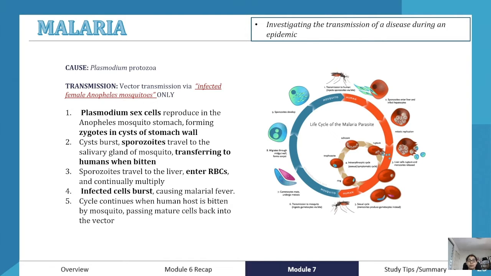The Plasmodium protozoa is found in the gut of the female Anopheles mosquito, and it transmits via vector transmission. It transmits when an infected female Anopheles mosquito bites a human, and the protozoa, the pathogen, is transferred into your body.